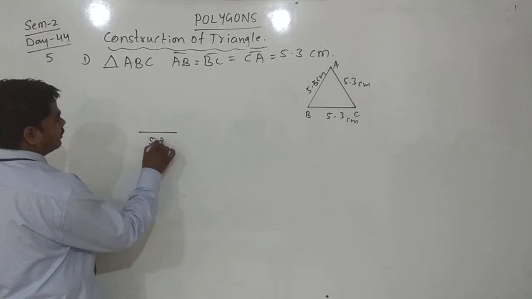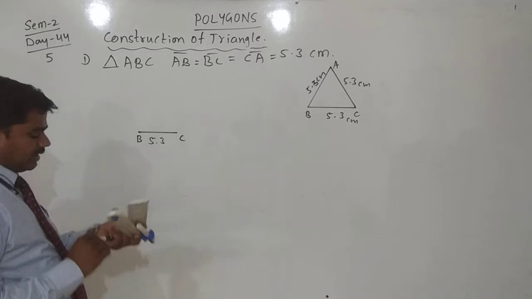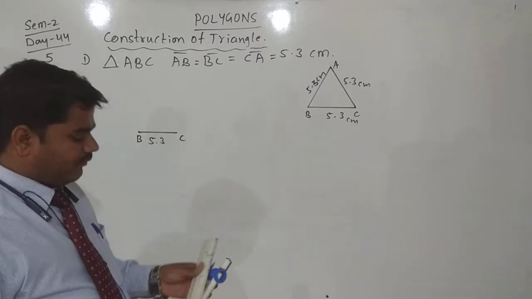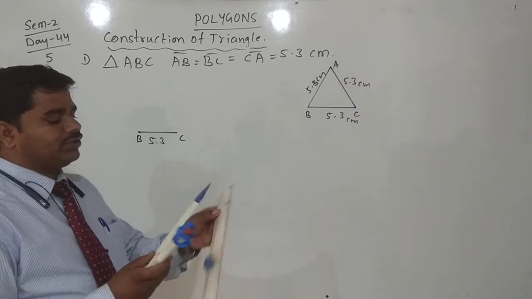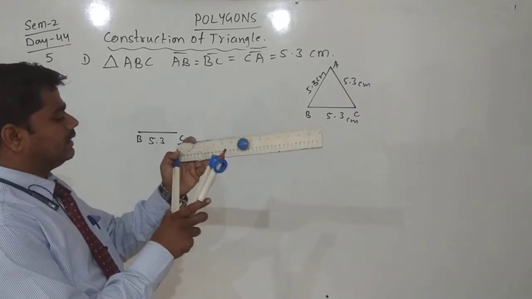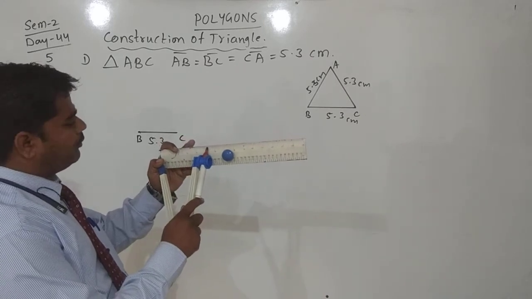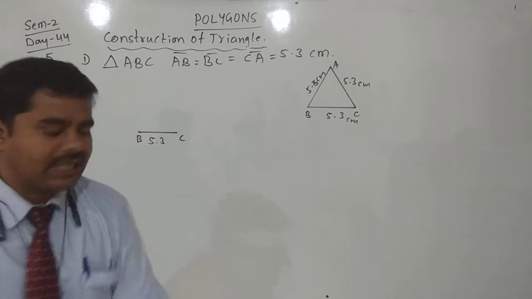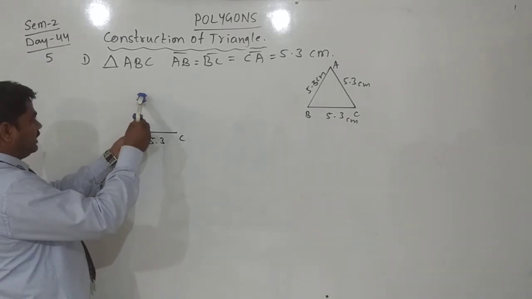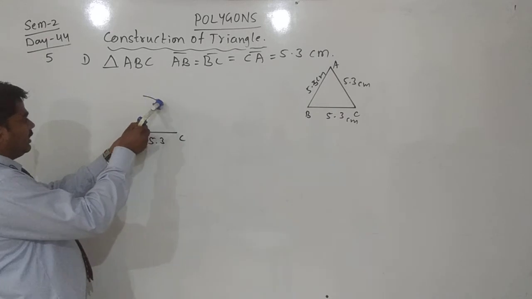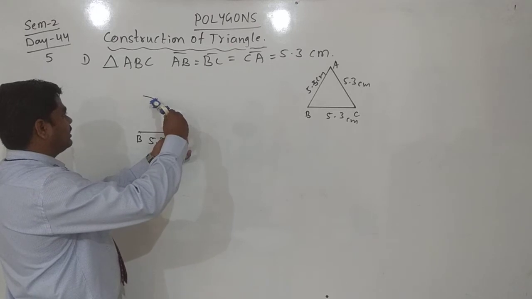This is the 5.3 for B and C. Now we place the compass on vertex B and cut here, like this, and place on vertex C and once again cut like this.